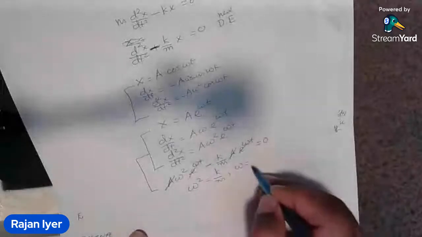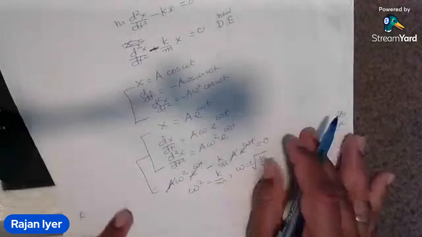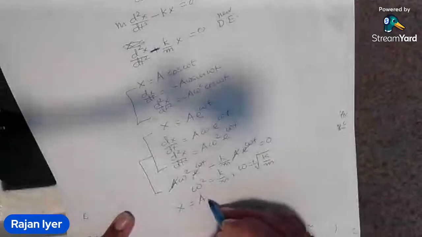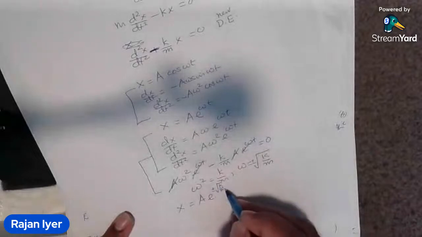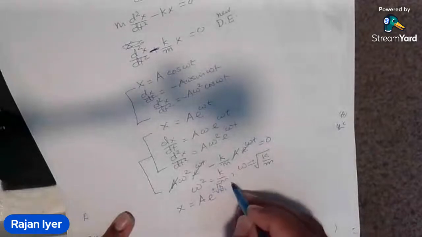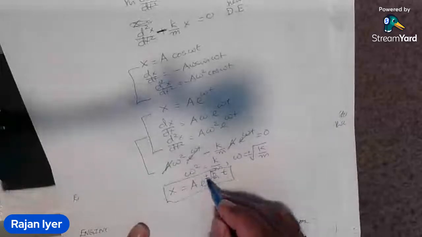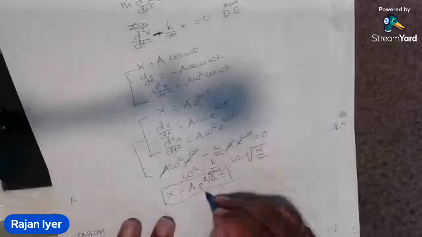Omega is plus or minus square root of k over m. So my x becomes a e power plus or minus square root of k over m t. I get this equation. You see that? You can solve this like that, which is a hyperbolic function. This is a hyperbolic, right?